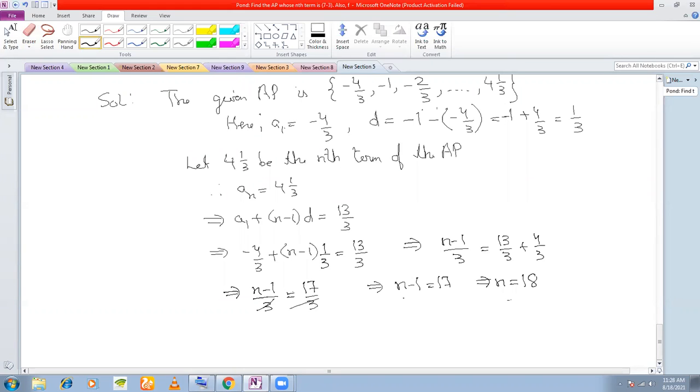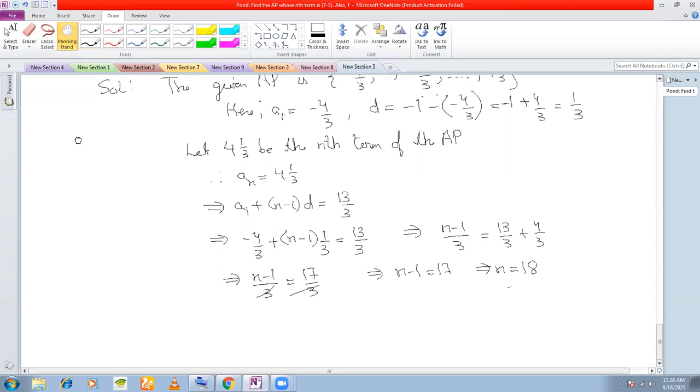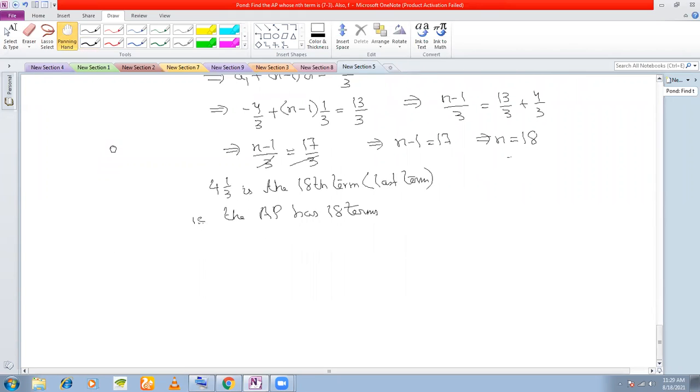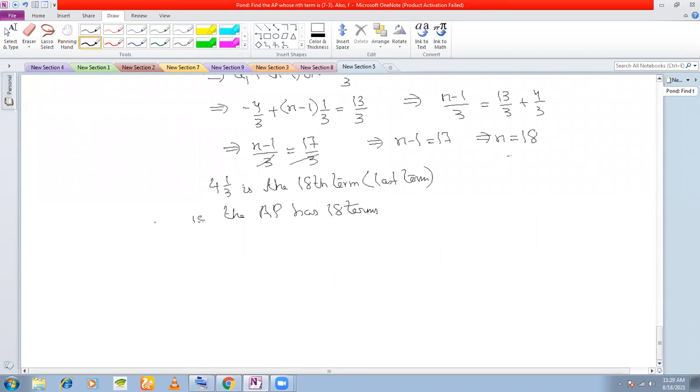Okay. So what can I say? 4 1/3 is the 18th term. That is, the 18th term was the last term. That is, the AP has 18 terms. So even number of terms, 18. So what should be the middle term here?